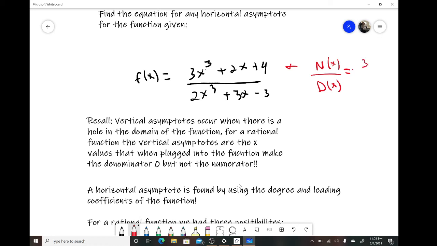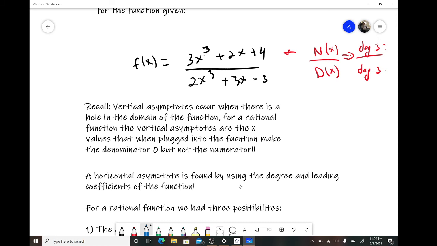So the numerator has degree 3. The denominator also has degree 3 because the highest exponent in the denominator is also a 3. The degrees of the top and the bottom are the same. So what does that mean? That means that the horizontal asymptote is the ratio of leading coefficients, meaning the horizontal asymptote is 3/2.